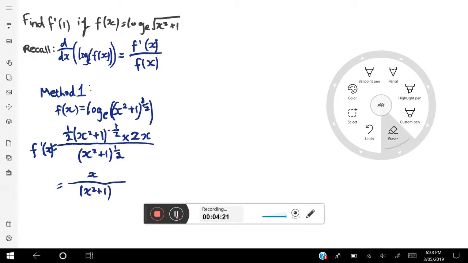We actually don't need the brackets because negative a half minus a half would give you negative 1, so we just put that over x squared plus 1.